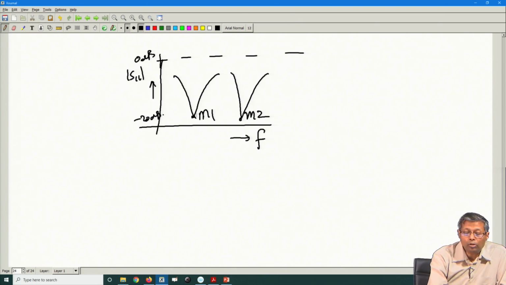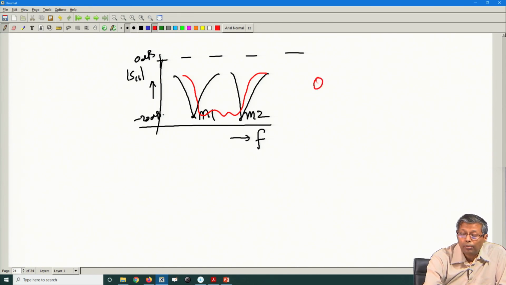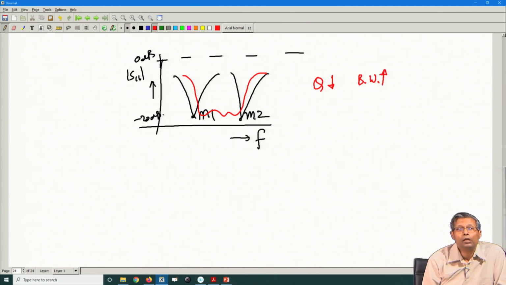Now, suppose I want to make these modes come close together and combine to make a broadband structure. In order to make this happen, I will try to identify modes which inherently have a low Q factor, because a low Q factor means the potential bandwidth of such modes is inherently high.